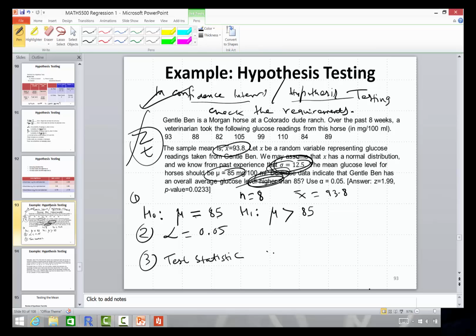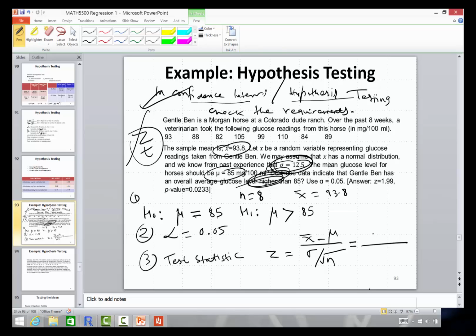The formula for Z is x bar minus mu, divided by sigma divided by the square root of n. What is x bar?